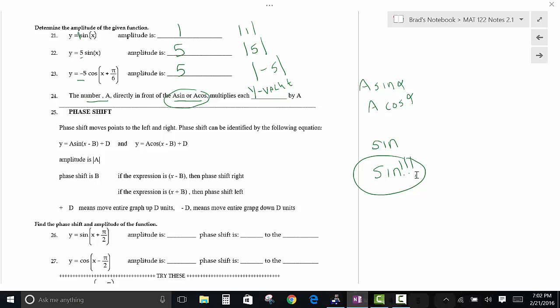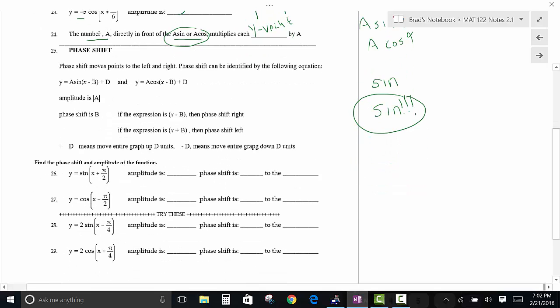Now we're going to look next at phase shift. Phase shift is when we move things to the left or to the right. So we're going to change this a little bit and look at a few graphs that look like this. A is the amplitude, and then this number B is going to be a phase shift.